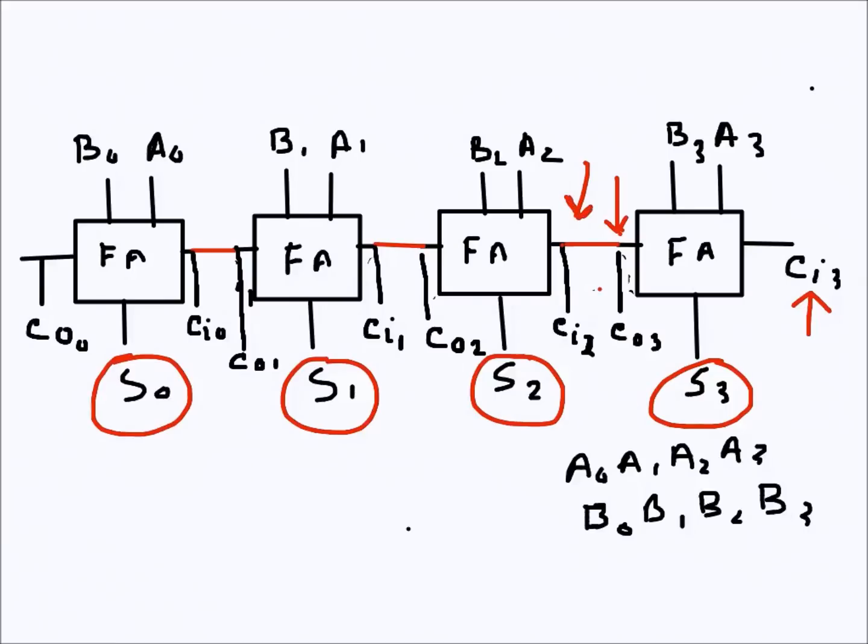So carry out, carry in, carry out, carry in, and this is the final carry here, and this is the carry in, which for the 4-bit case has to be grounded, so it's 0. So I drew it properly to show the connection diagram.